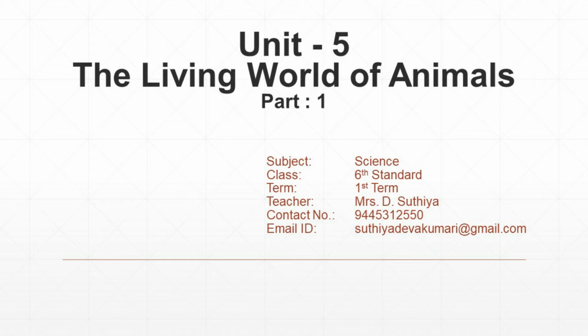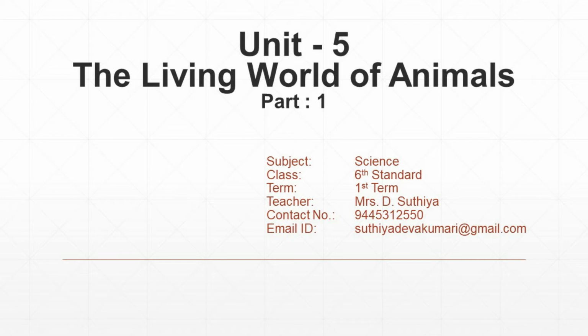Animals and plants all live together in a particular area. Now, let us know about so many things under this lesson. First, we have to learn about biodiversity. Under that, we have to know about ecosystem and habitat. Next, when you look at the animals, by the appearance, by the size, by their physical activities, we can classify the animals into unicellular and multicellular organisms.